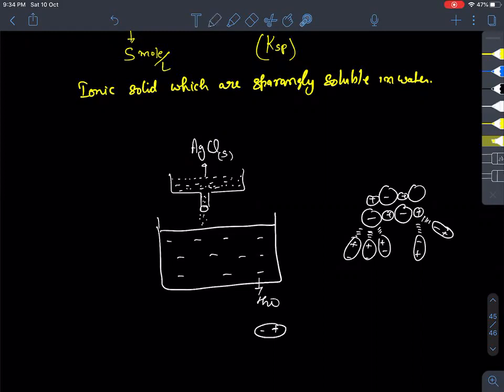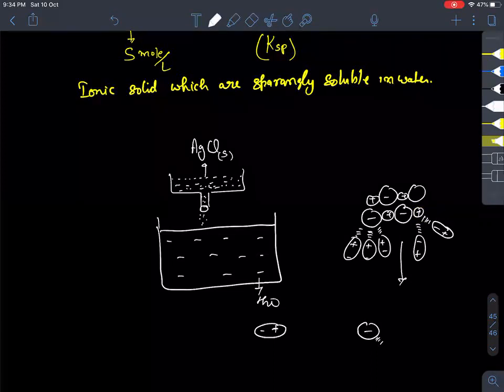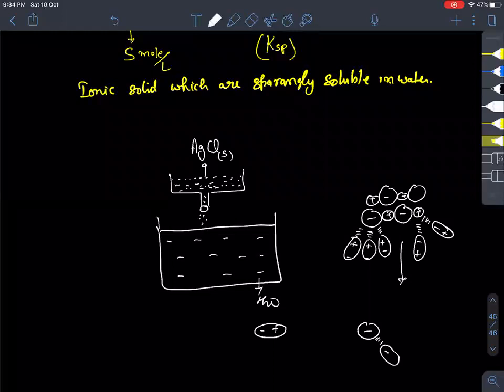If you do this, then after going into the solution, after some time what will happen? Each positive and negative ion will be surrounded by many dipoles. I am showing you the dipole end, meaning partially negative oxygen, and similarly in all directions.